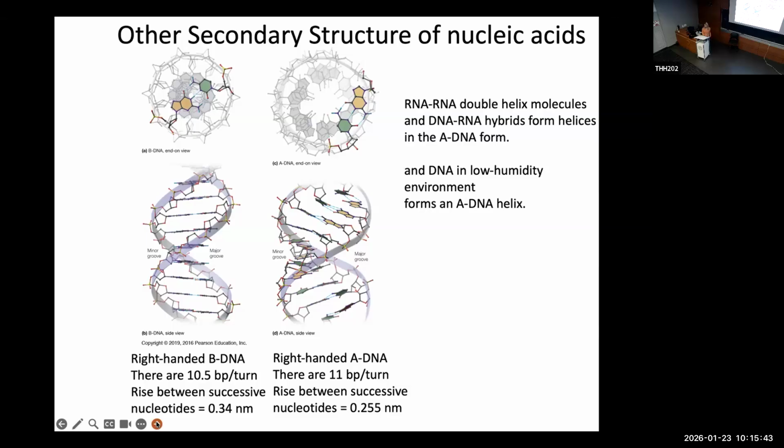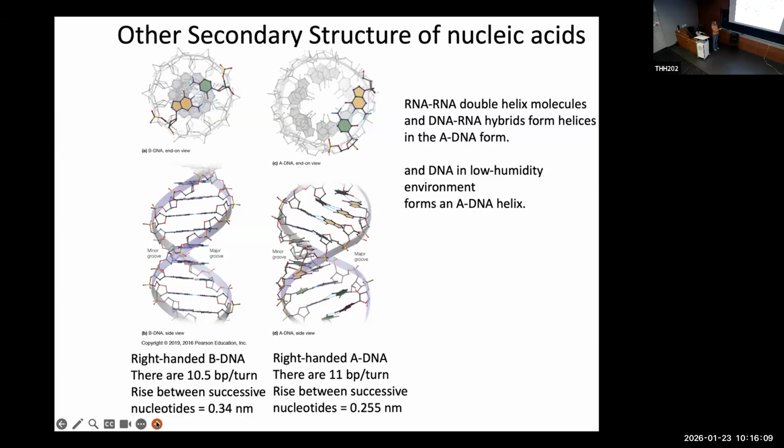So it's a right-handed helix. There's about 10.5 base pairs per turn. And then the rise, you don't have to memorize these numbers, the rise is about 0.34. So if you're thinking about a stairway, the distance between stairs is 0.34 nanometers.